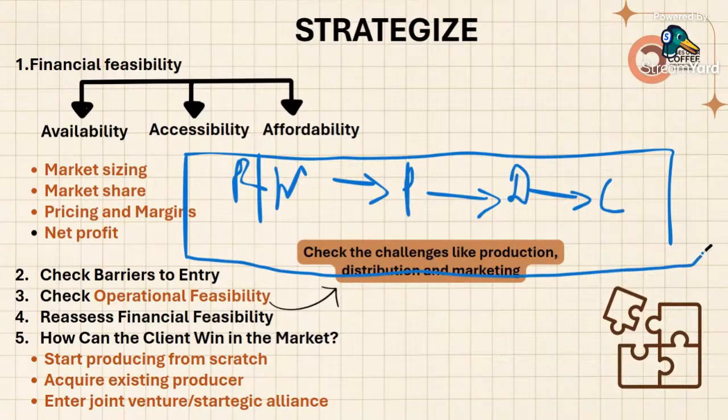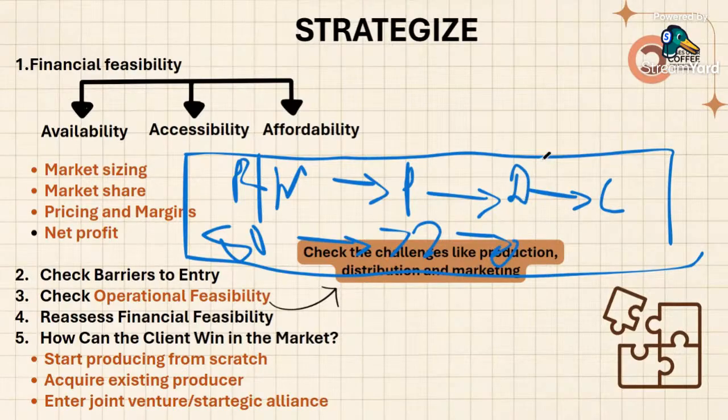For example, let's say we have 80,000 raw material, and 72,000 goes to the production. Out of 72,000, we have 60,000, and then we have 10,000.